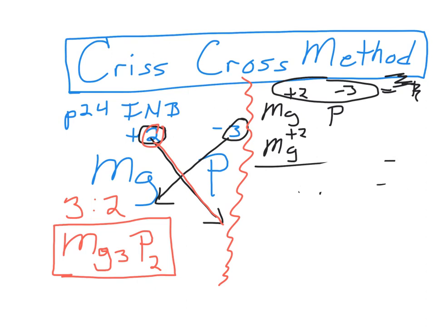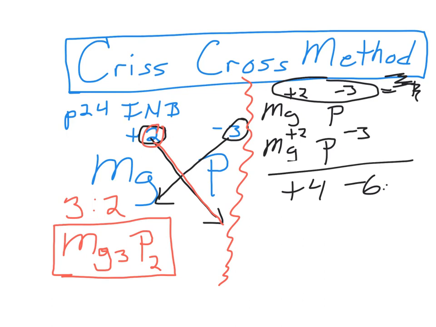We're going to erase that. And now we're going to go back and put another phosphorus. So here, a +4 plus a -6 is going to give me a -2. Still not working out. It's not giving me that 0. It's not equaling 0.